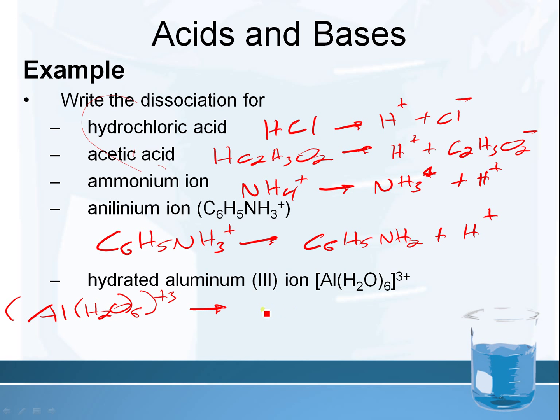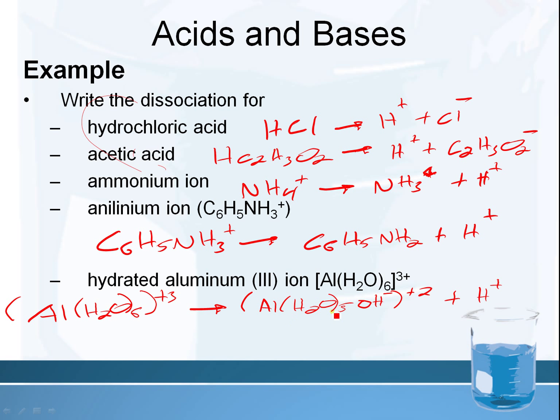This is going to break down into aluminum, H2O, but only five of them. One of the waters will actually break off. You'll have the hydroxide ion left over. The whole thing will have a +2 charge now, and then you still have a hydrogen ion, so it is considered an acid.